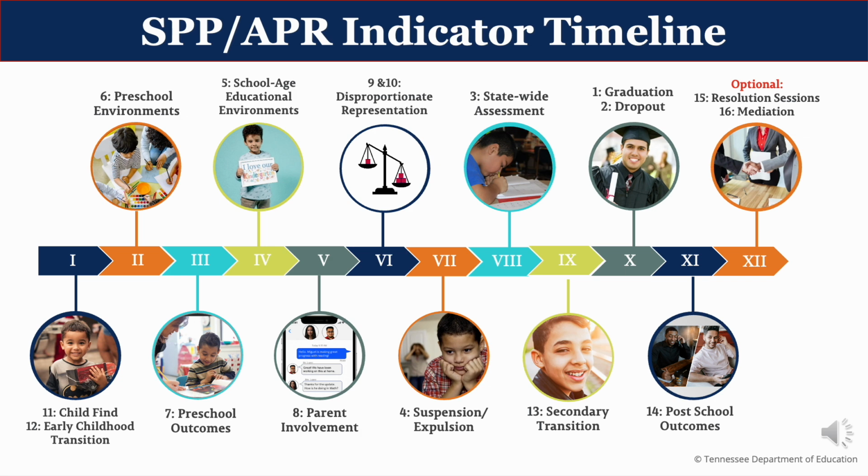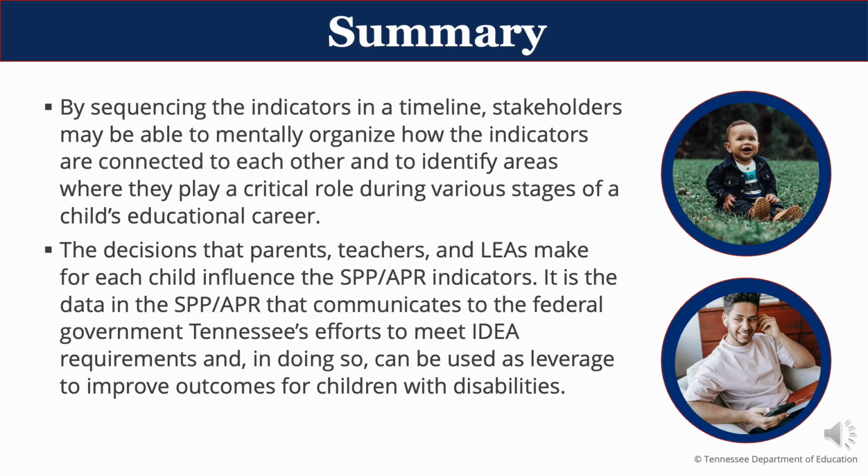Thus, their inclusion in the timeline serves to highlight the available supports without implying that every student will require or utilize them. By organizing the indicators in a timeline, stakeholders can better understand how they are interconnected and identify key areas where they impact different stages of a child's educational journey.